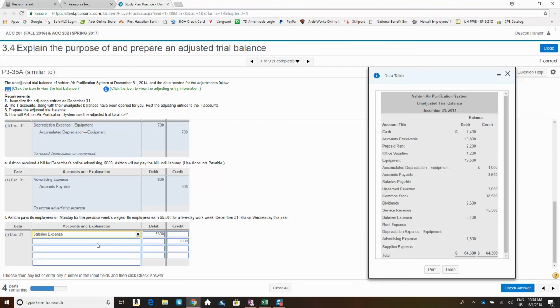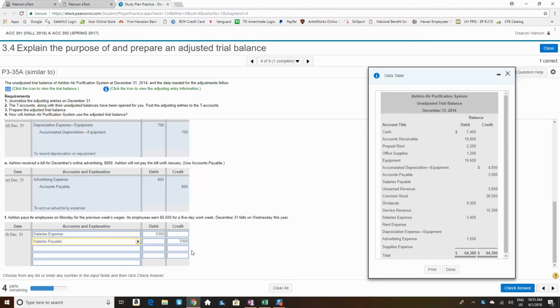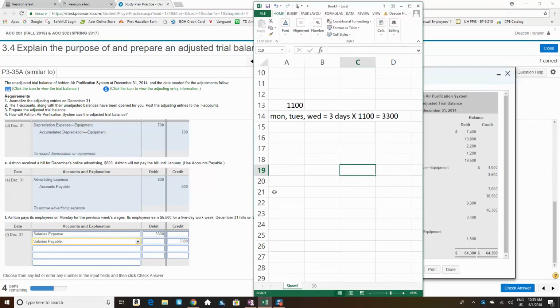And here's your balance sheet account called salaries payable, because they're not going to pay it until the following Monday. It's being accrued for the work done on Monday, Tuesday, and Wednesday up through December 31st, which is the financial statement date. This $3,300 payment will be part of the $5,500 payment that happens on the following Monday.